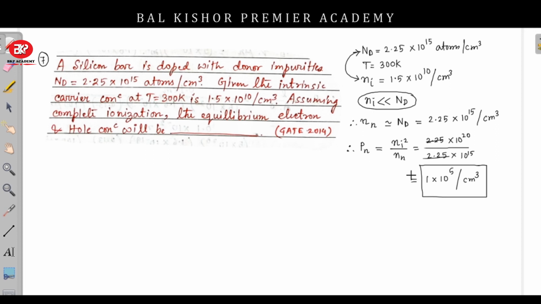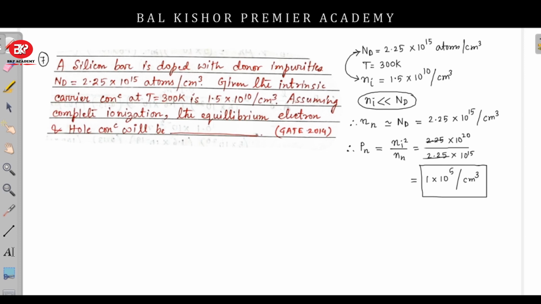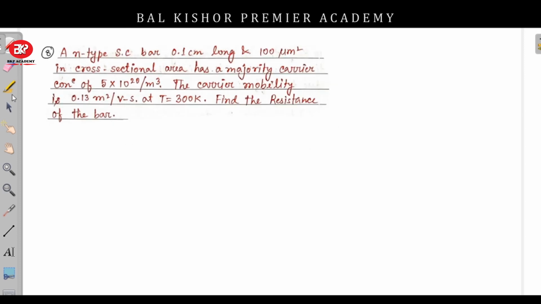Now we'll go for the next numerical, numerical number 8. Let us see the numerical first. This was the 7th numerical and this one is the 8th numerical. An n-type semiconductor bar of 0.1 centimeter long and 100 micrometer in cross section. First let us draw a 3D diagram of an n-type semiconductor.